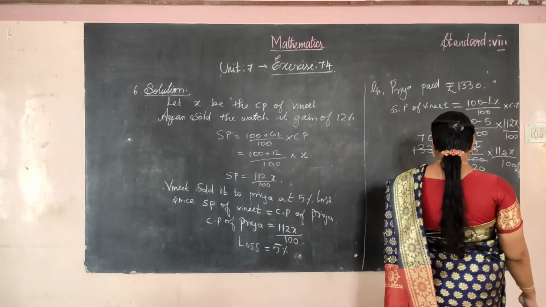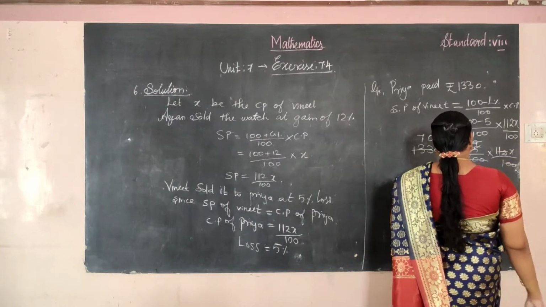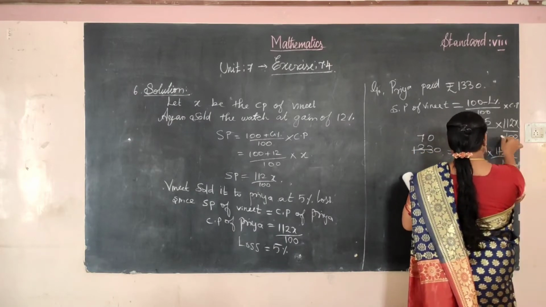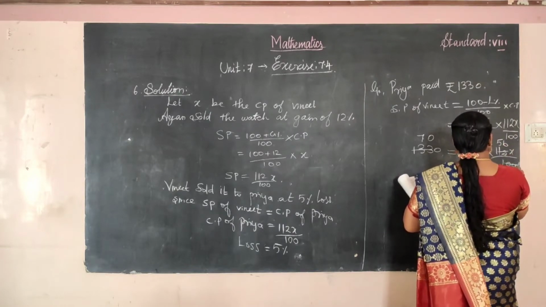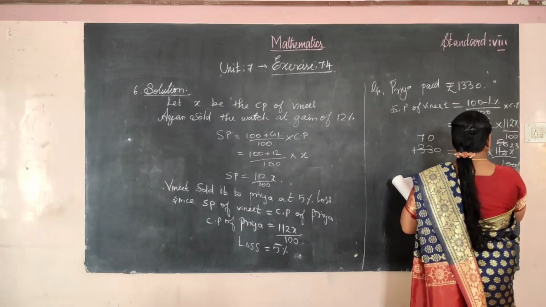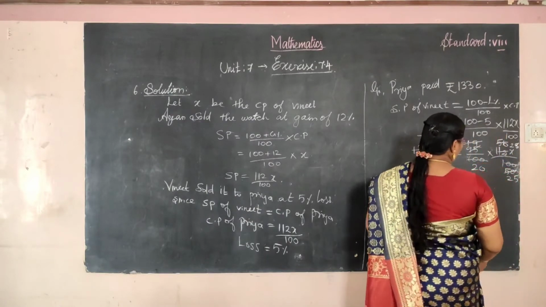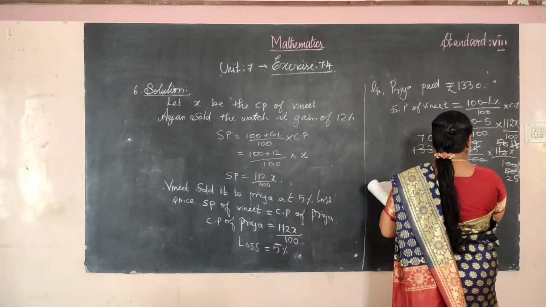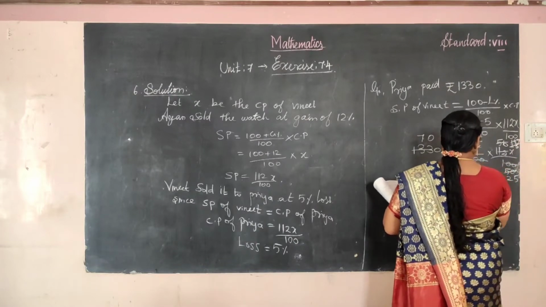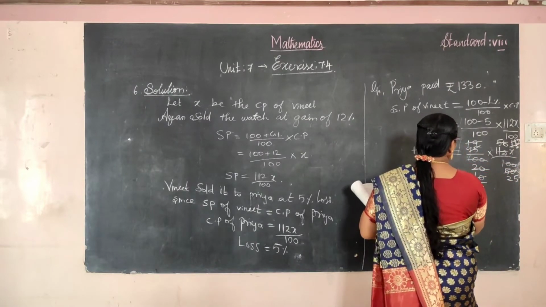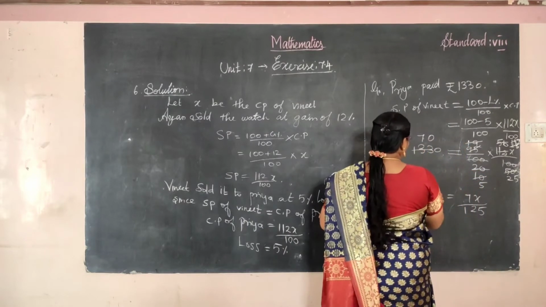Here 20, and this also cancels. Simplifying, we get 7x by 125 on one side and 10 on the other side.